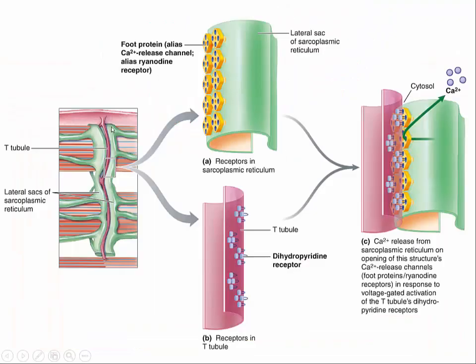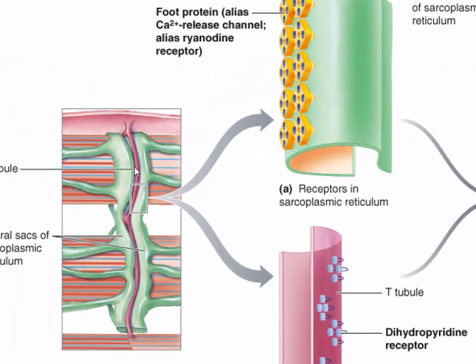So for example, here's your T-tubule, and the sarcoplasmic reticulum on each side. Well, remember, the expanded out area of the sarcoplasmic reticulum is called the terminal cisternae. So when you have a T-tubule flanked on each side by the terminal cisternae, we call this three-bodied structure a triad.